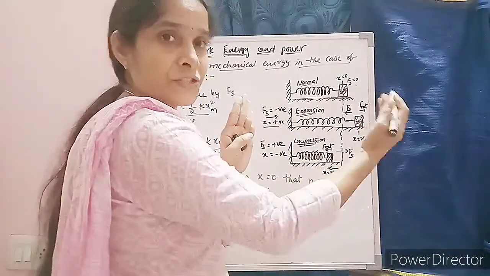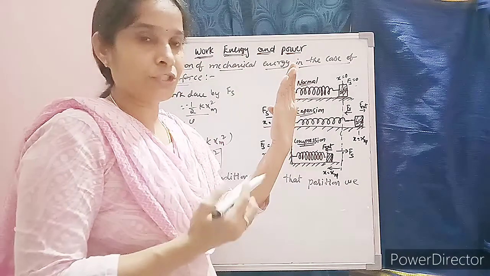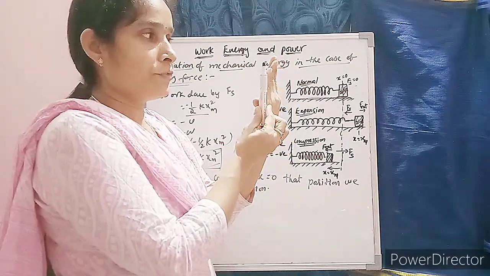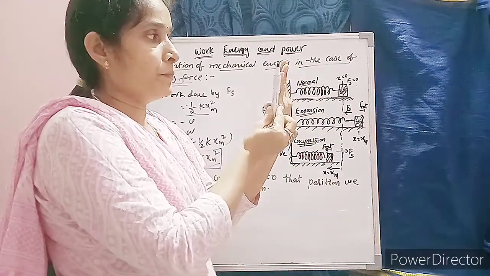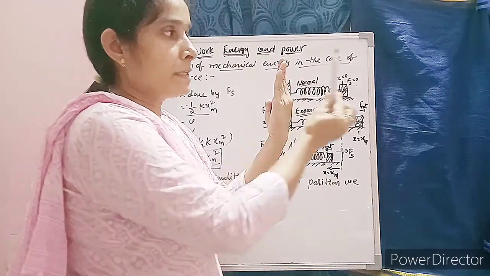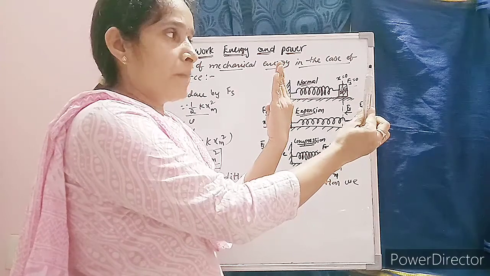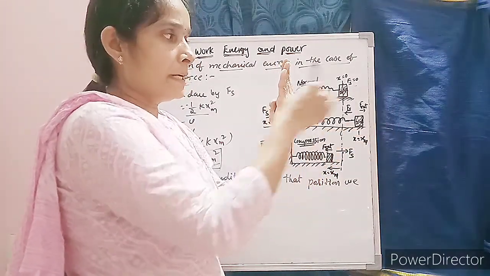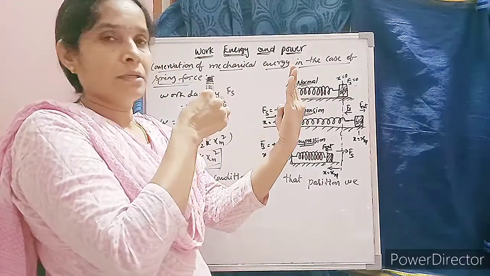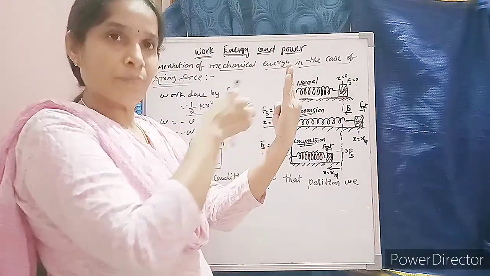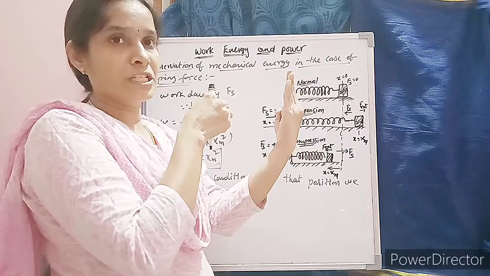Now stretch the spring. At the mean position, x is equal to 0. If you stretch the spring, it makes oscillations from the mean position. It moves to the maximum displacement. Later it comes back to the normal condition or mean position. Again it is compressed to the maximum displacement.